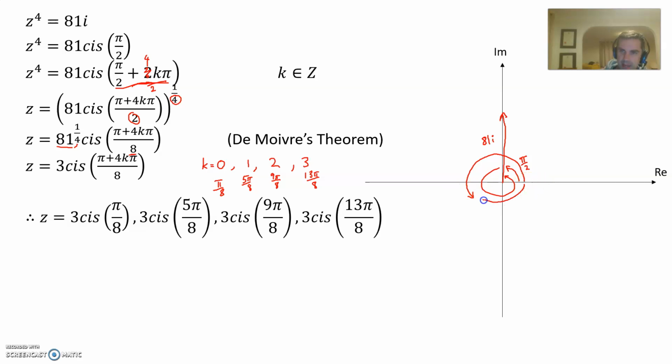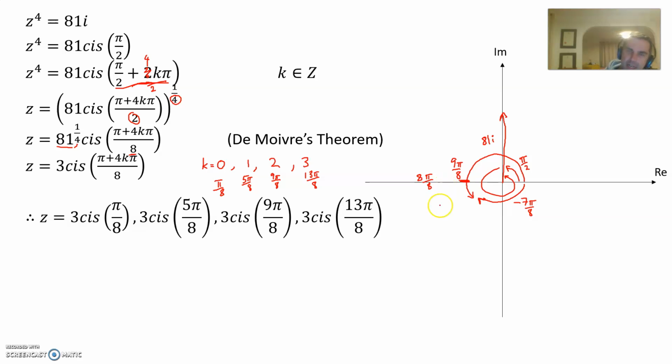So if we come back around the other way, that would be -7 pi over 8, because this point here, which is pi, is 8 pi over 8. Hopefully that makes sense. Again, you don't technically need to do this last step, but it does make it look a bit tidier.